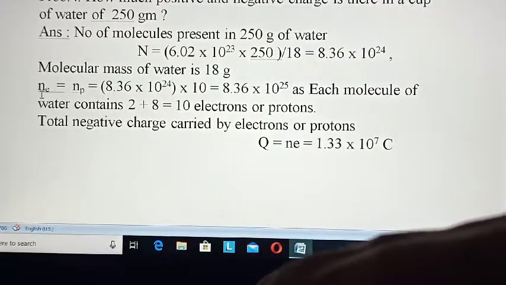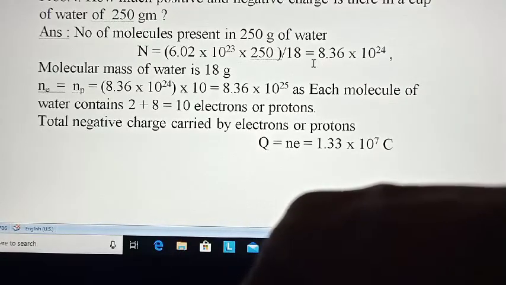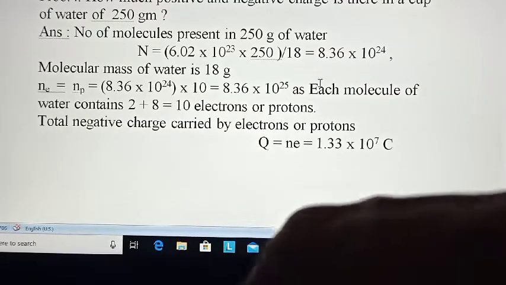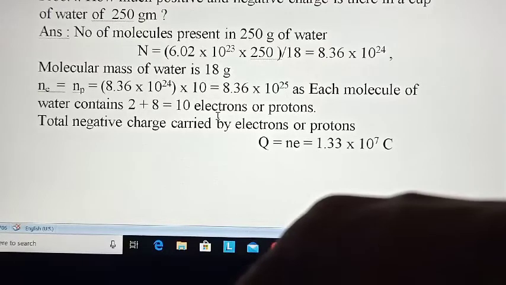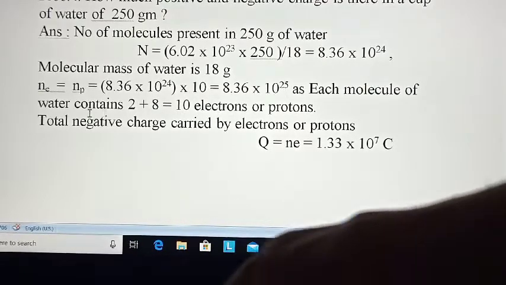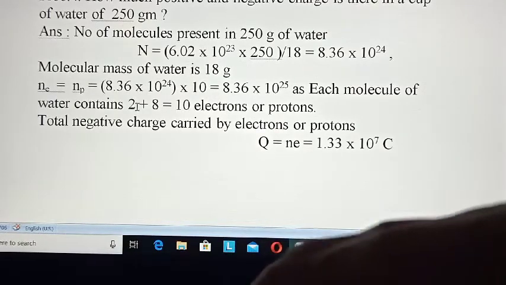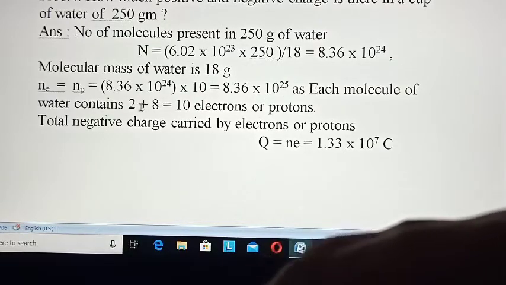Now what we have to calculate is the number of electrons and protons present in that 250 gram of water. For that you have to multiply this by 10, because there are 10 electrons in a water molecule, because water contains 2 plus 8 is equal to 10 electrons or protons, 2 for hydrogen H2 and 8 for oxygen O, H2O.